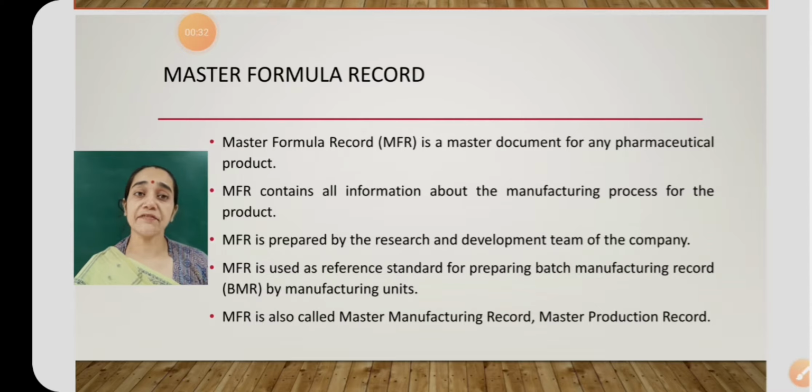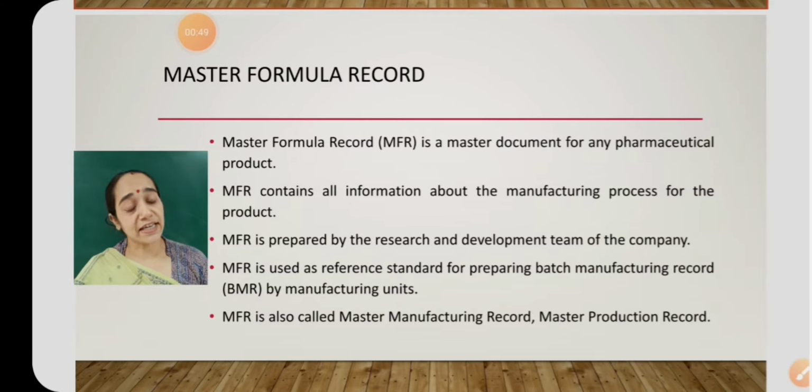For example, if I have prepared a particular formulation on a particular day, I have optimized all the parameters, and after the optimization of all the parameters, I have got the product which has good quality.